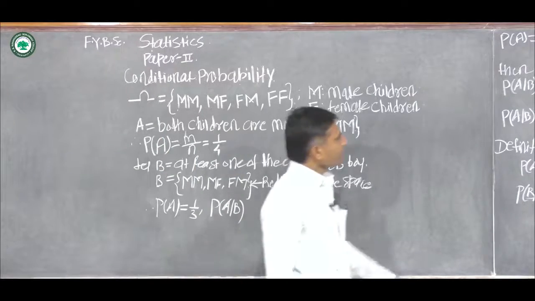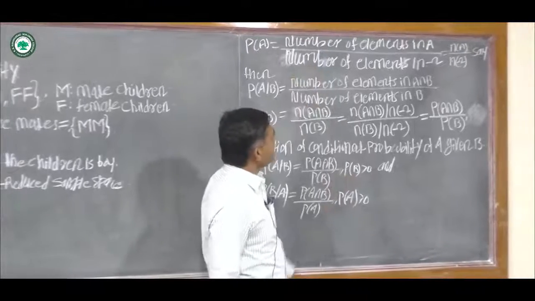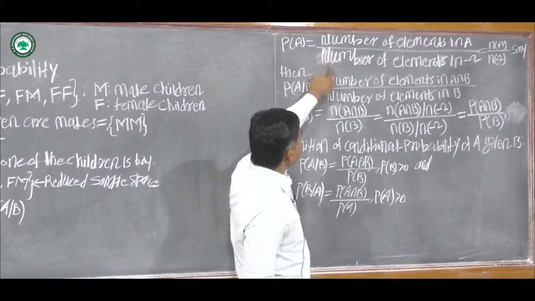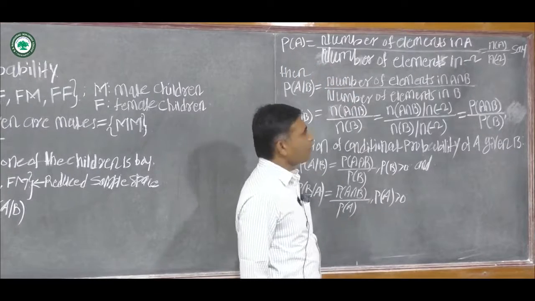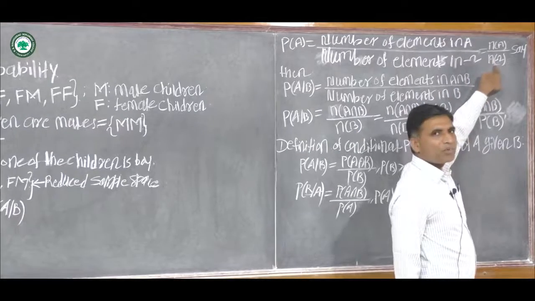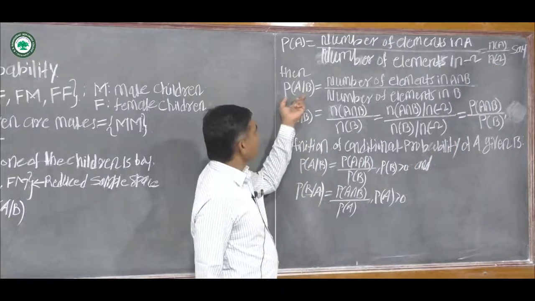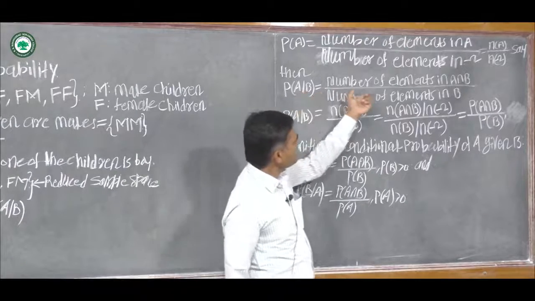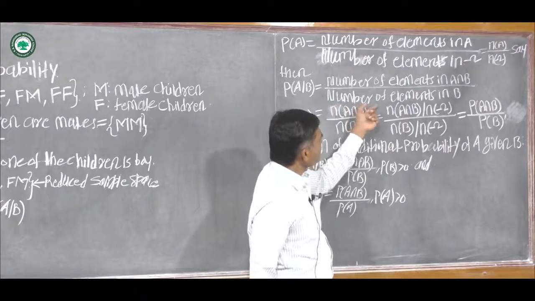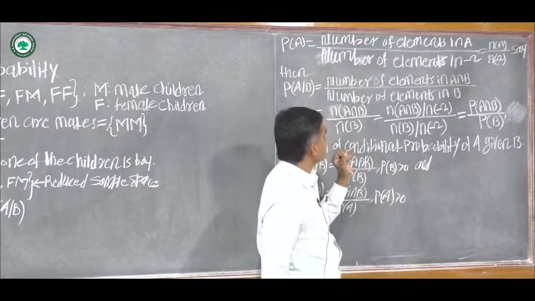Now we know that the probability of event A is equal to the number of elements in event A divided by the number of elements in sample space omega, which is n of A upon n of omega. Then the probability of A given B is equal to the number of elements in A intersection B divided by the number of elements in B. B is the reduced sample space here.